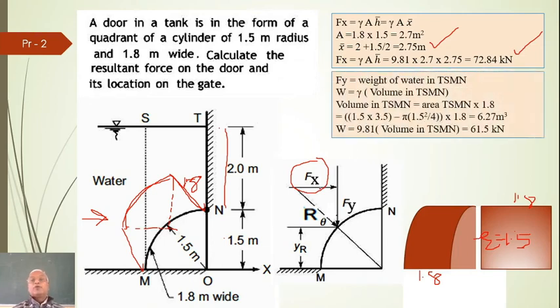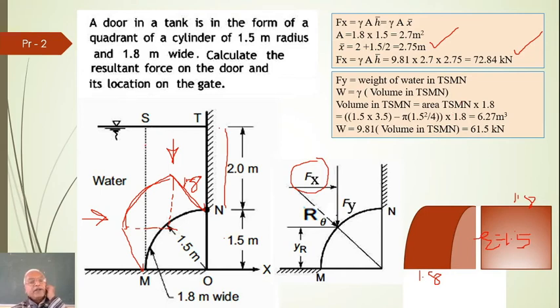Now how about the vertical force Fy? Fy, which will be acting here, will be the weight of the liquid, the weight of water in TSMN. Now W, the weight, is calculated as gamma of the liquid multiplied by the volume in TSMN.